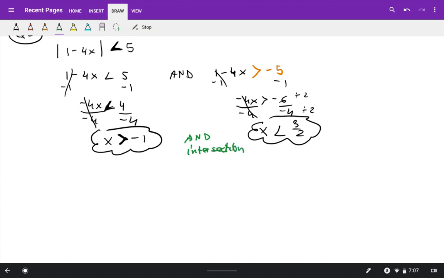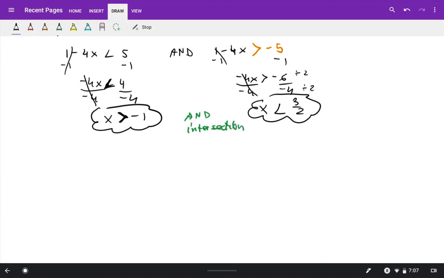Okay, so to see the intersection of those two inequalities, you want to graph them on a number line. The first one, let's put it in red, x greater than negative 1. So open circle, and I'm shading everything to the right. The second one will be in orange, x is less than 3/2.